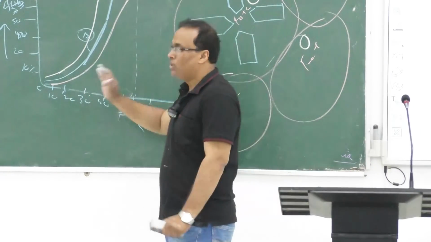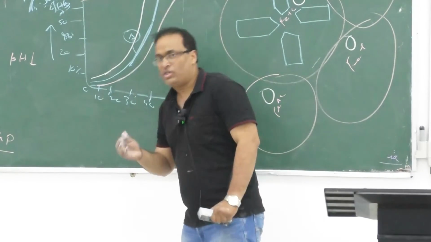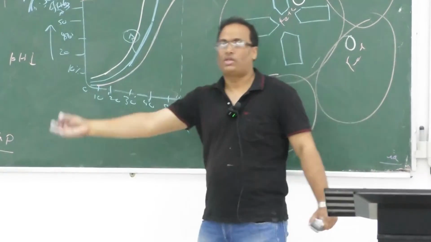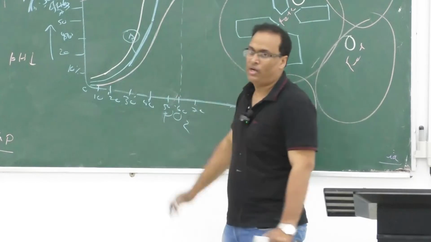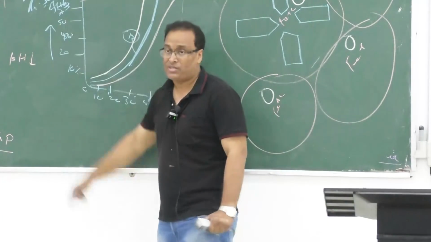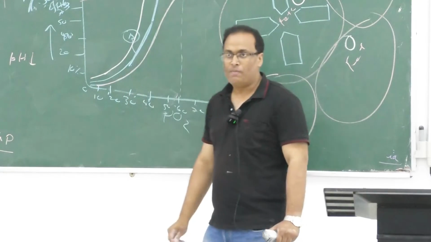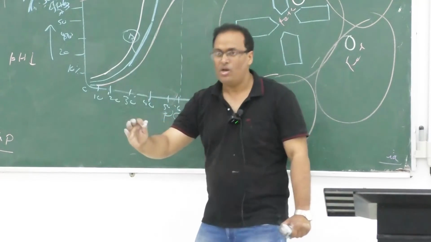But in this class you only have to know that the oxygen hemoglobin dissociation curve, or simply the dissociation curve, is a sigmoid curve, with the partial pressure on the x-axis and the percent saturation of hemoglobin on the y-axis. Saturation of what?